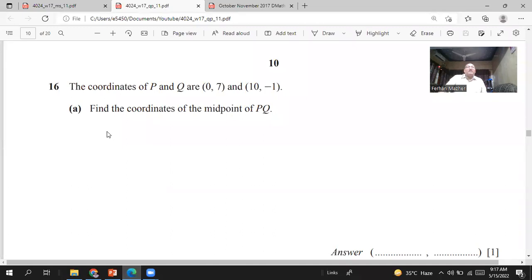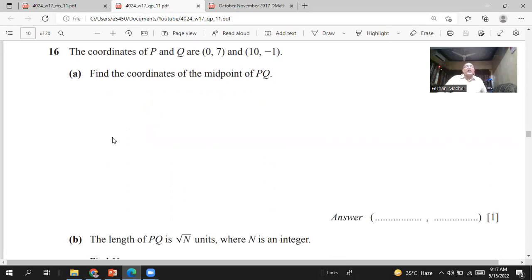Okay, so question number 16 of the October-November 2017 paper 1 is showing up on your screen. It says, the coordinates of P and Q are (0, 7) and (10, -1). Find the coordinates of the midpoint of PQ. If you want to find the midpoint of PQ, the method is very simple.